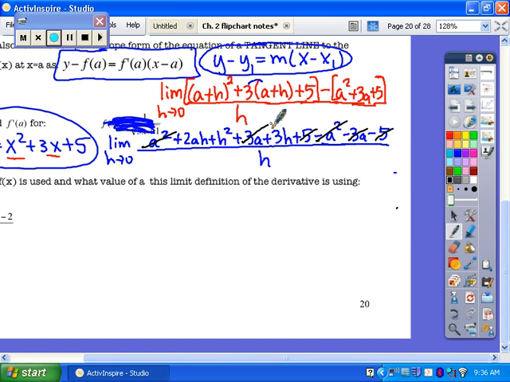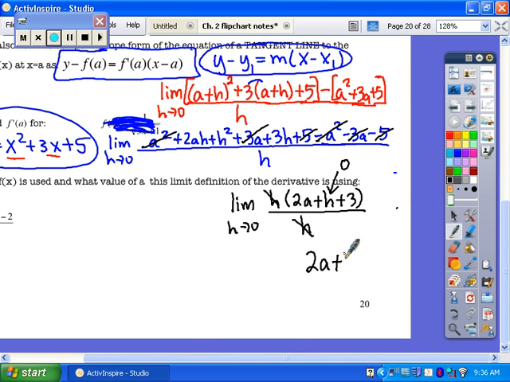Yeah, factor it. So you rewrite this as a limit as h goes to 0. We're going to take out an h on the top. So that would give me 2a plus h plus 3 all over h. And then you can drop out one of the h's. You can put in 0 for the h that's still left, and you end up with 2a plus 3.